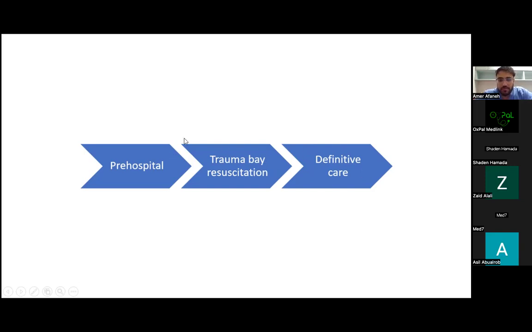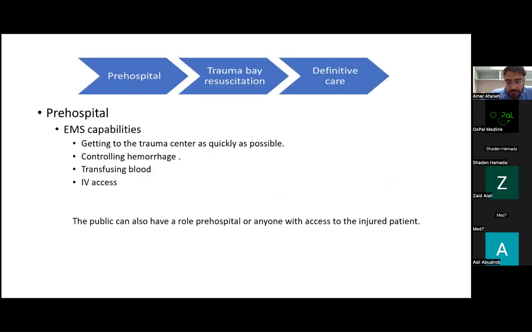These are the three phases. Pre-hospital, you have EMS or ambulance personnel, their education and training, and shortening the time it takes to get the patient to the hospital. Trauma-based resuscitation is the concepts of, for example, C before A, like we talked about, and doing your ATLS and primary survey. And then definitive care is operative techniques and doing the right management for the patient.